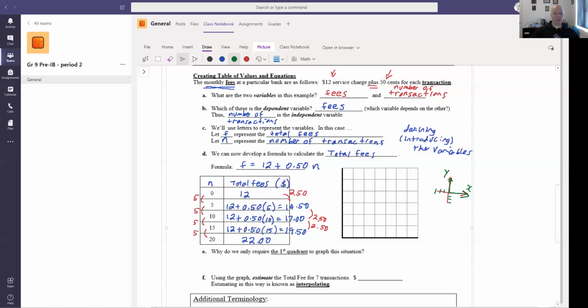So because the total fees are always going to be positive, and the number of transactions will always be positive, that means we only have to deal with the positive values, the first quadrant. So we can just say that all values used are positive.